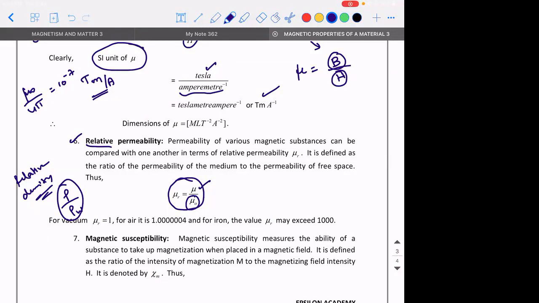It is also called the dielectric constant. In a similar way, there is relative permeability in magnetism. But it doesn't have any other name like dielectric constant. You just call it relative permeability. That's it.